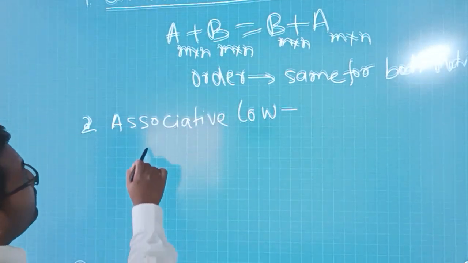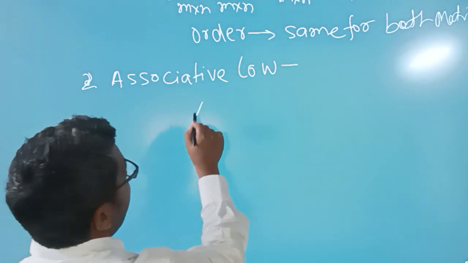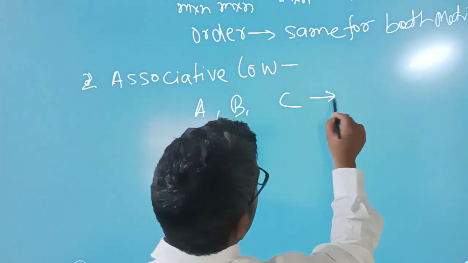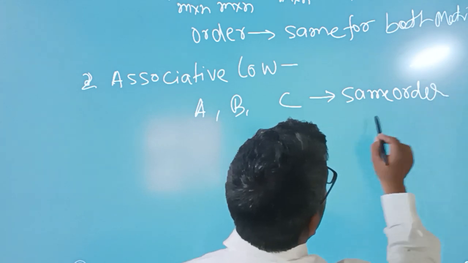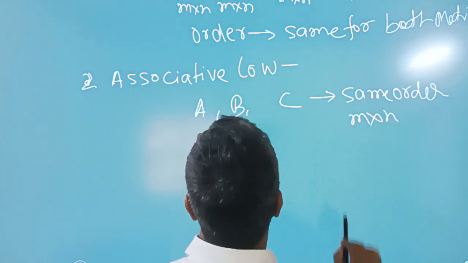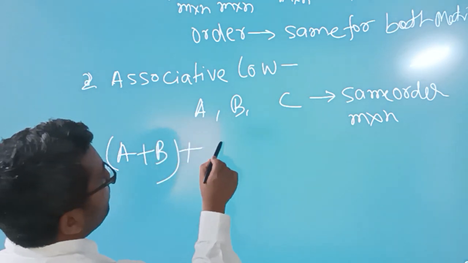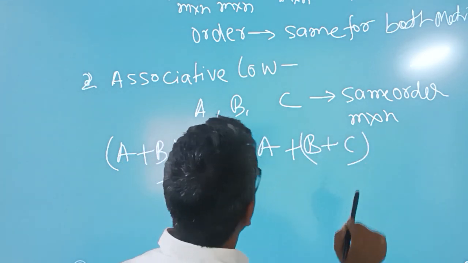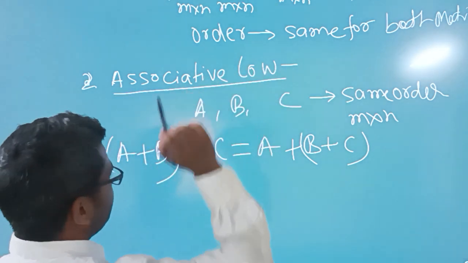Similarly, the second property of addition of matrices: take A, B and C, three different matrices of the same order, M cross N. A plus B plus C equals A plus B plus C, grouped in either way. As with simple numerical addition, it is the same in matrix addition.